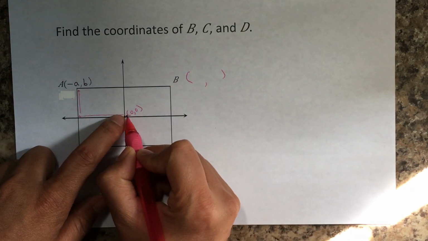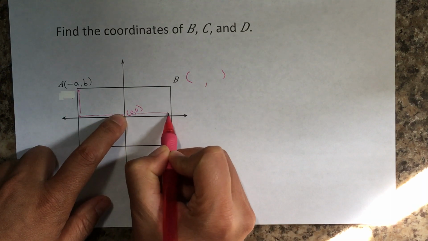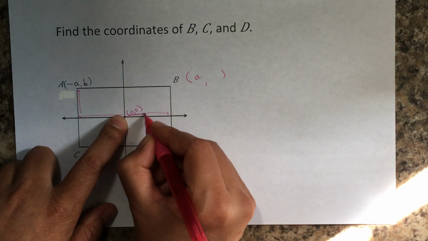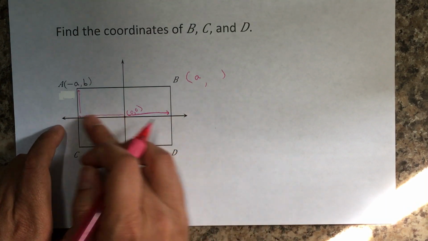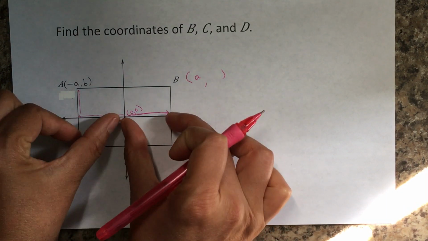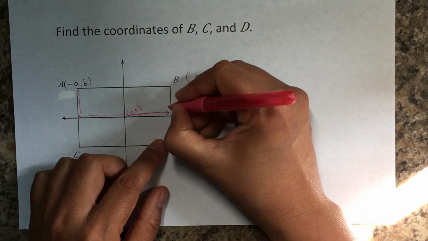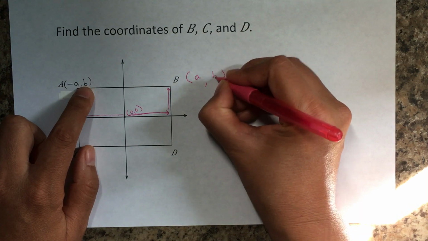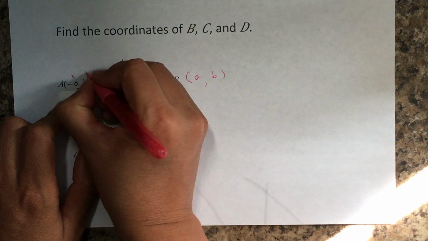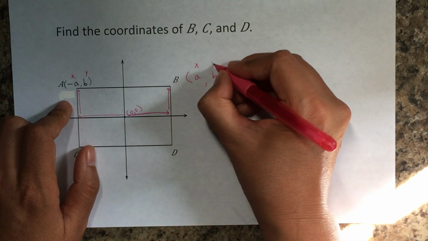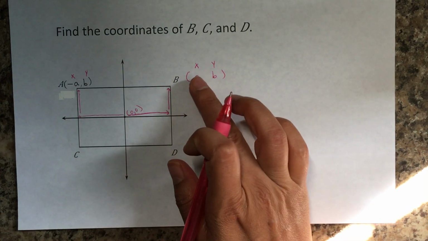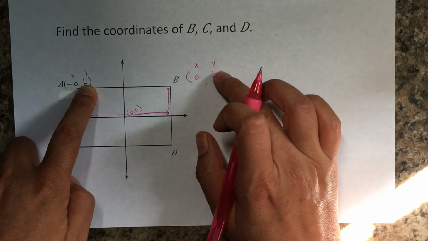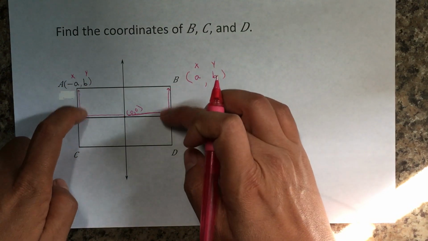From here, we're going to travel on x, positive a, because it's going to the right, but the same units, same distance. And then it goes up, so that's my y, which is b. So this is x, this is y. Basically, same distance traveled for x, but this is negative, this is positive. Same distance traveled for y, both positive because both go up.